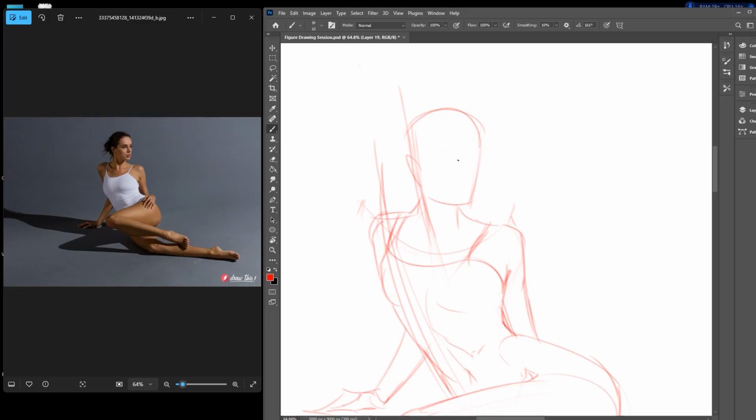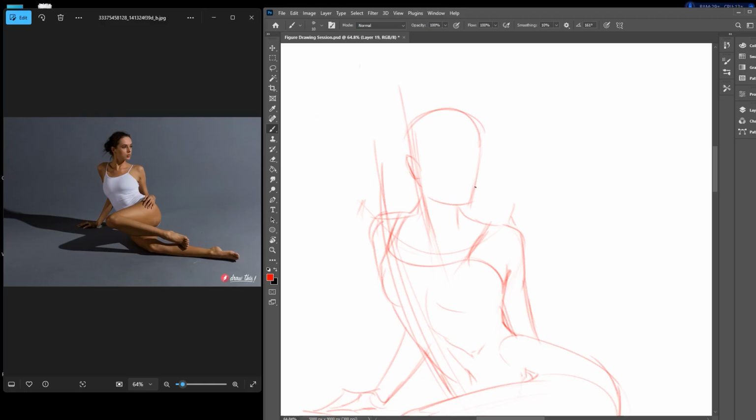Do not go into the comfort zone and just leave the head like this, because the more you do, the better you will get. If you do not keep drawing, then you won't get better. The only way to get better is to just keep drawing. So draw a lot of portraits like this one, like 3 minutes, 5 minutes, 10 minutes portraits.